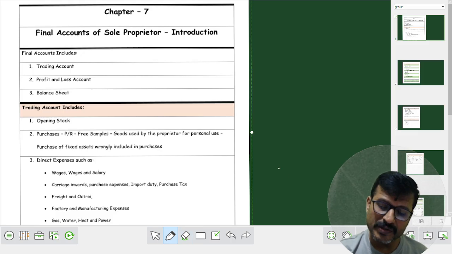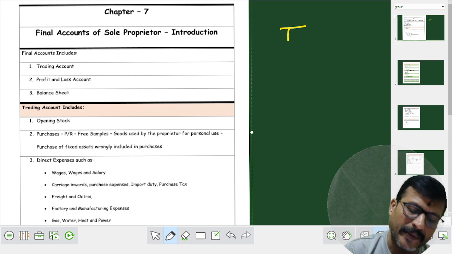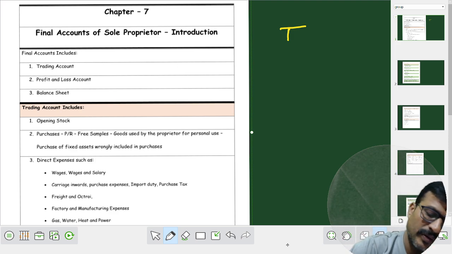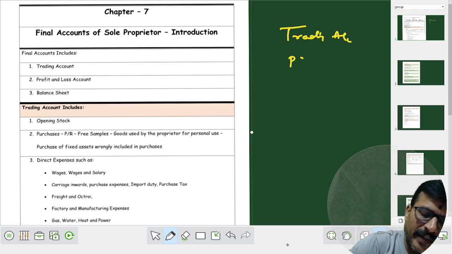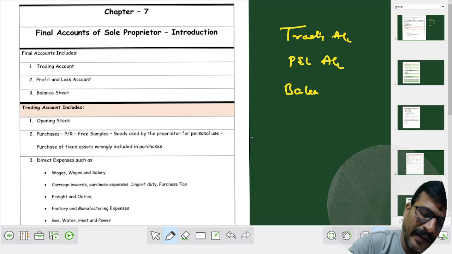The final accounts consist of three things, my dear students. One is the preparation of the trading account. The second one is the profit and loss account. The third one is the balance sheet.